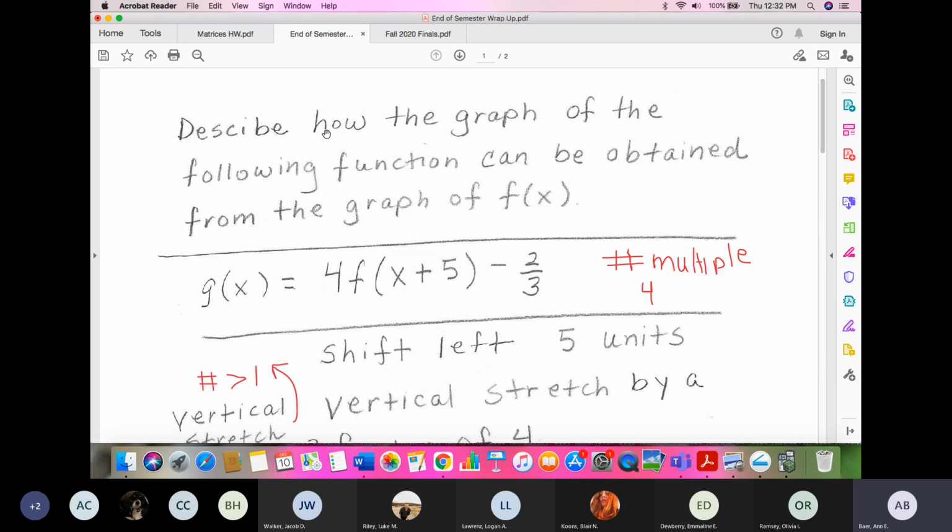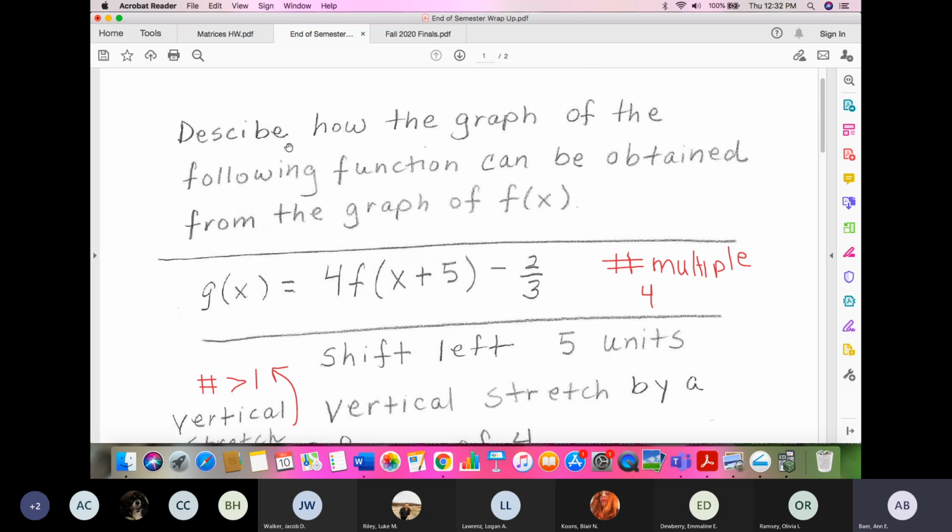It was too confusing to the students, I felt. So suppose you got a question like this. Describe how the graph of the following function can be obtained from the graph of f of x. So f of x is really right here.